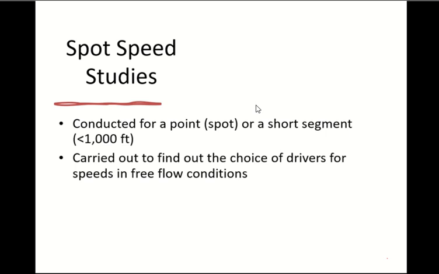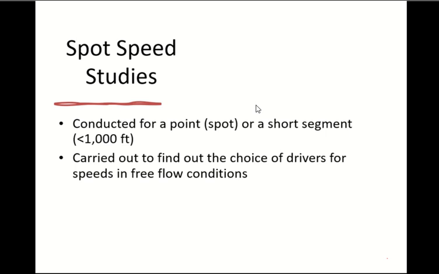So we need conditions in which drivers can choose the speed. Otherwise, this study is useless, because we want to know the speed of the drivers according to their choice. So we should collect the data when the drivers actually have the choice. Those conditions are called free flow conditions.